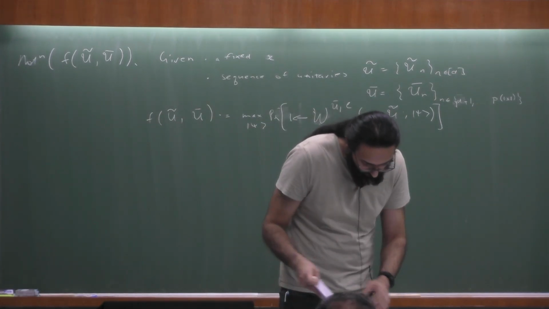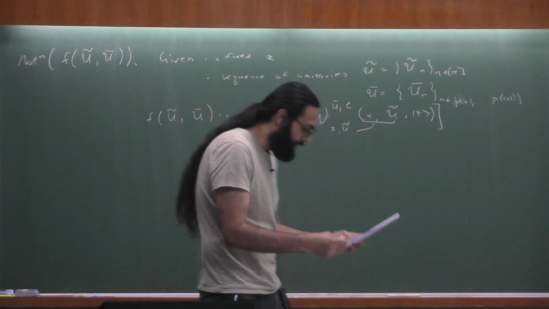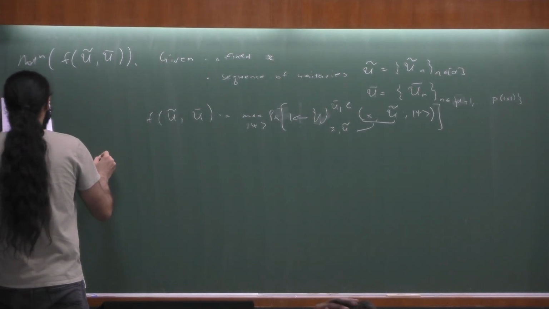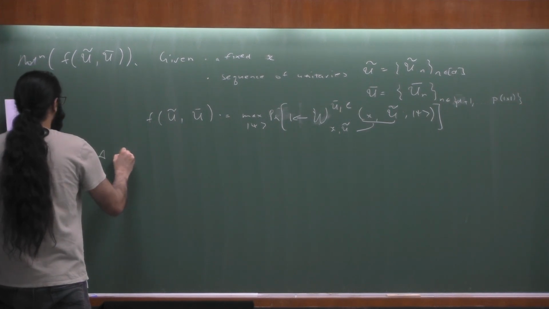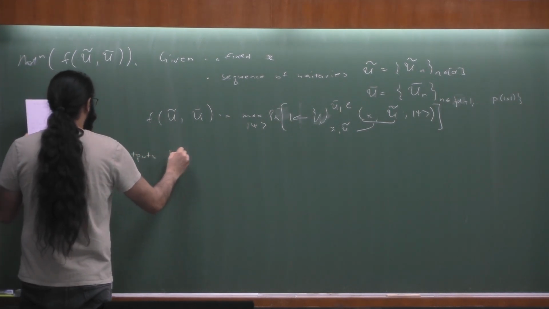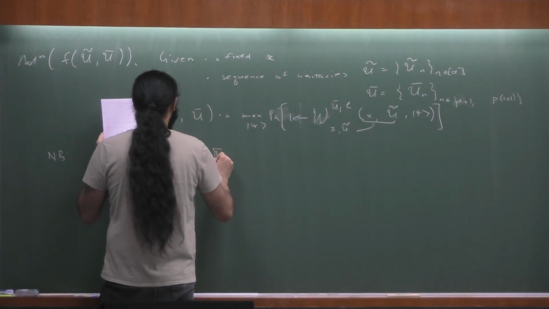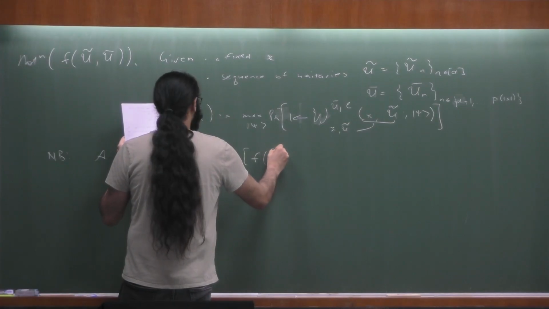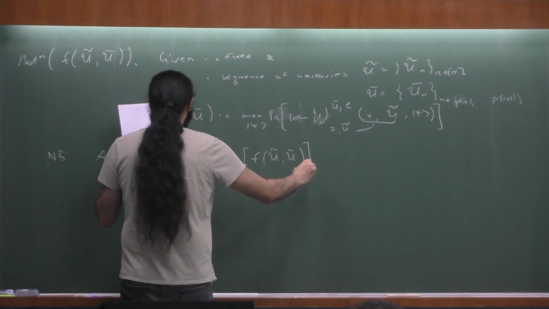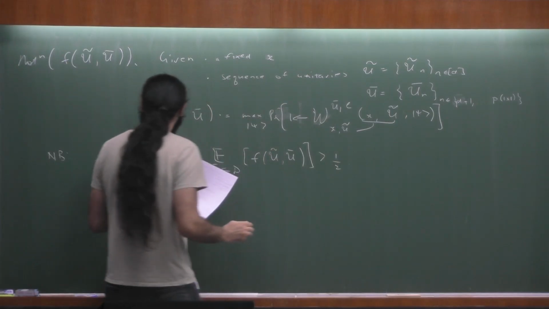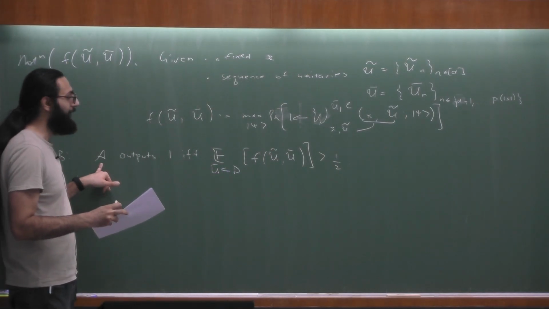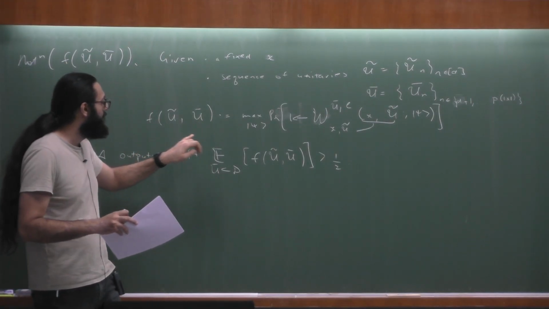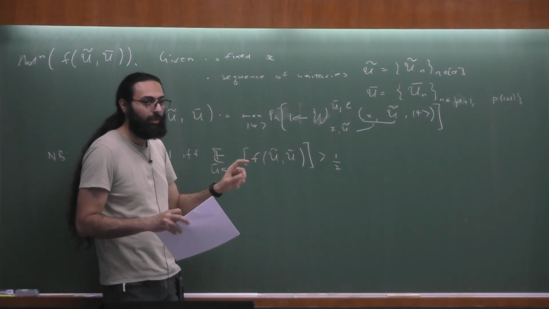So then we argued that if you take the expectation of f, these were the two notes. So the probability that A outputs 1 if and only if the expectation over u bar from this distribution, if u tilde u bar, is strictly greater than half, because that's how we had defined A. A was supposed to do the estimates for u tilde, then create this description and then query the language to get the answer.